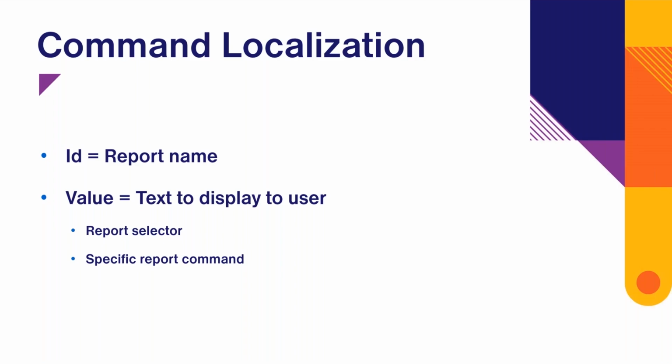This text will then be used in the report selector as well. So if you open a run mobile report lookup, you will see the localized name of a report there. And of course, you will see the localized name of a report in a specific report's command.